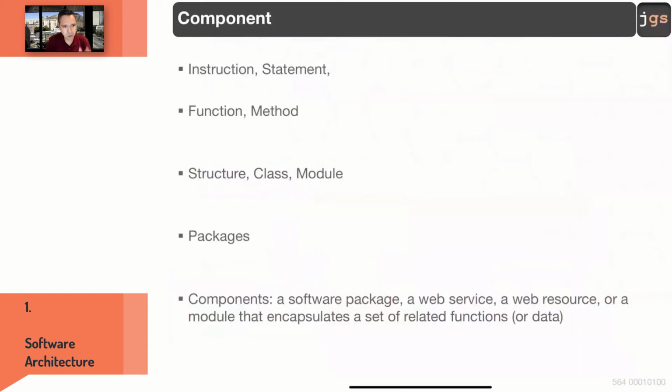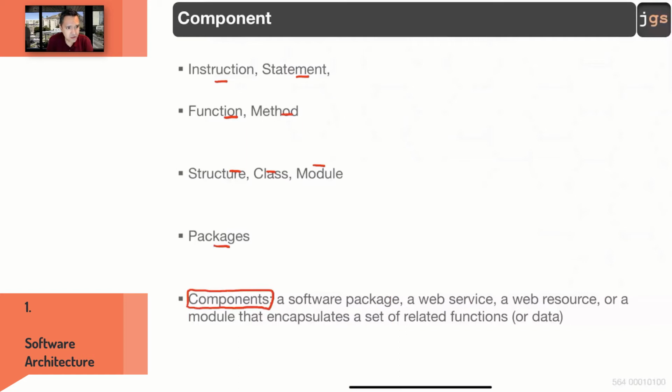So what I want you to have in mind is the definition of the following concepts. Right now, we just mentioned components. But before components, we already talked about and defined instruction, statement, function, method, structure, class, model, packages.